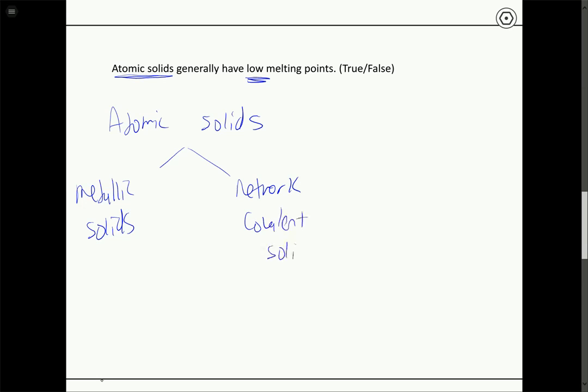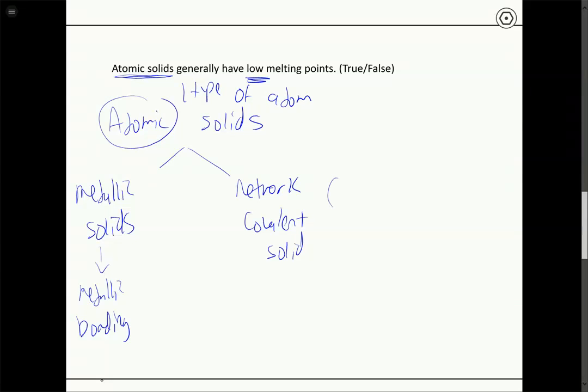Now the key point here is that for an atomic solid, you only have one type of atom. So these are all elemental substances that we're talking about, one type of atom. So metals are one classification of atomic solids, where it's a bunch of metal atoms arranged through metallic bonding. So that's sort of the type of bonding that's present in this. And then some non-metal elements occur as atomic solids as well, which are a type of network covalent solid.